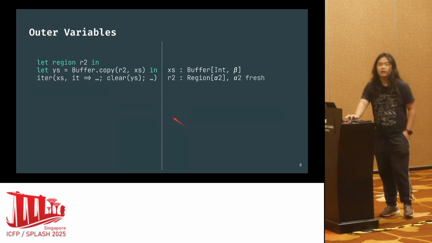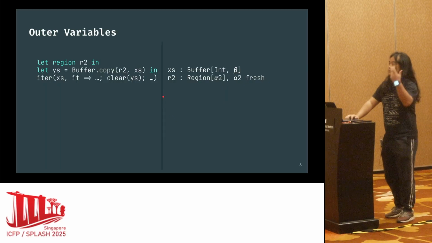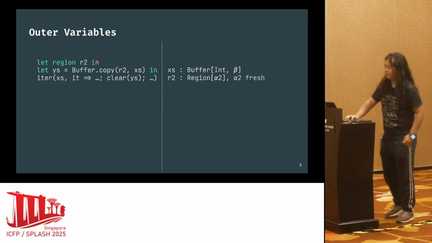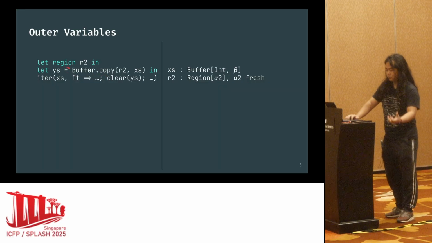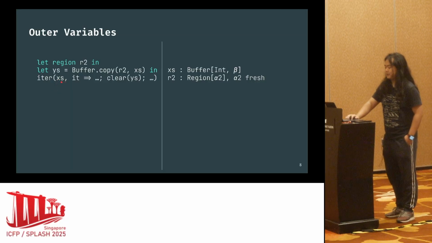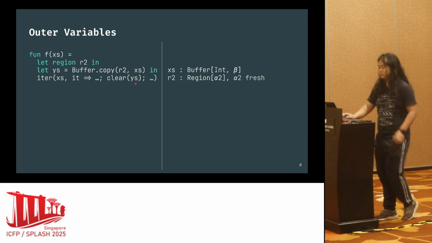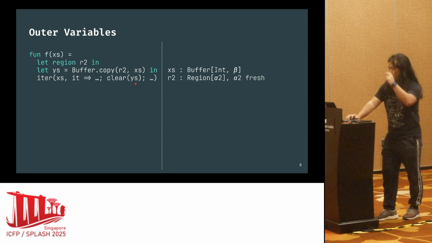Let's try to make this example a bit more complicated. We keep this piece of code. We have a nested region, R2, and we create another buffer on this region, and we try to iterate over another buffer, xs, and during the iteration, we call the clear of ys. But this time, let's put this piece of code inside the function body.